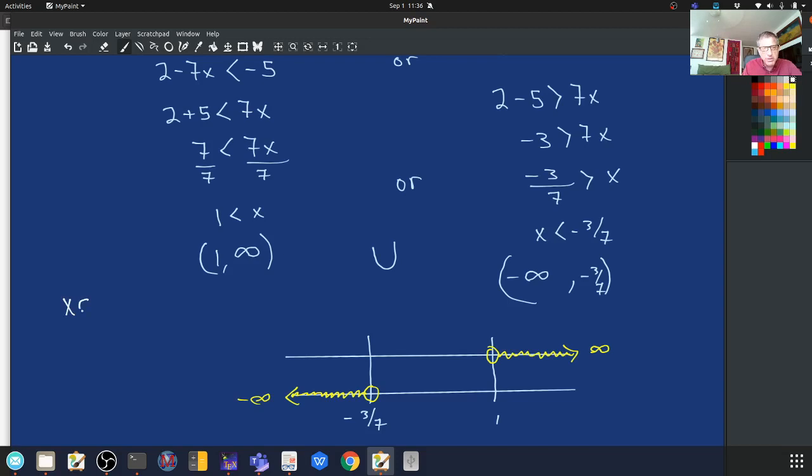The values of x that make this a true inequality are contained in the union of 1 to infinity with minus infinity to minus 3/7. And it doesn't matter if you put this set first or this set first.